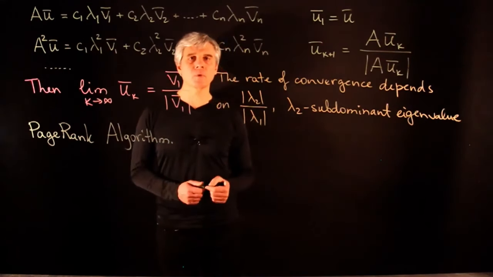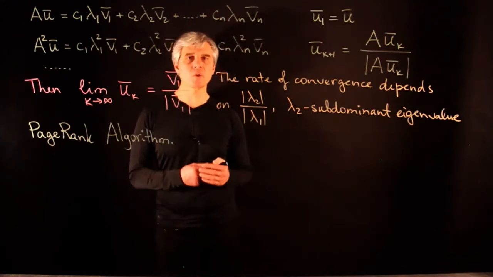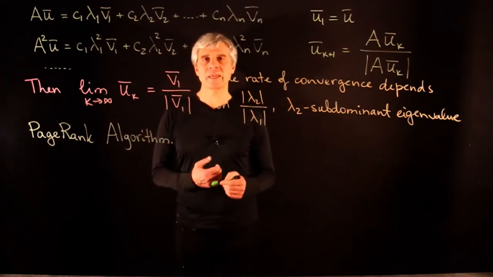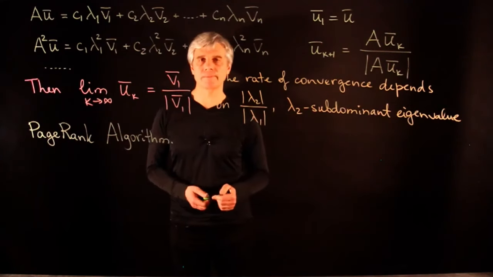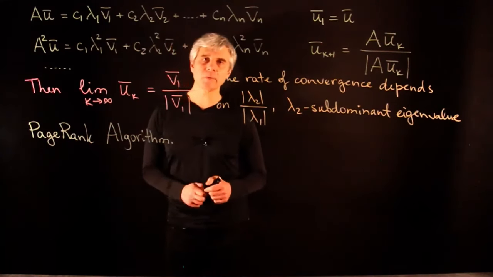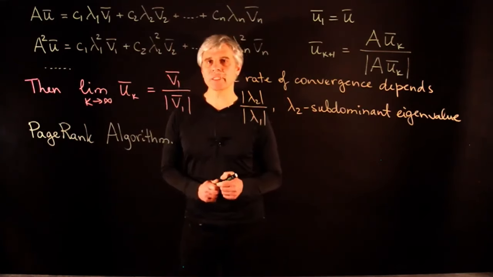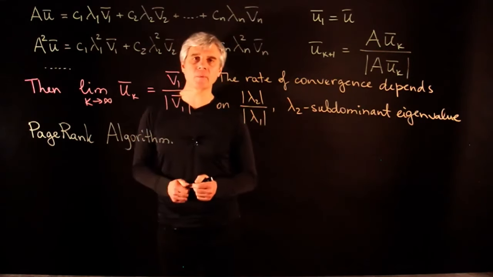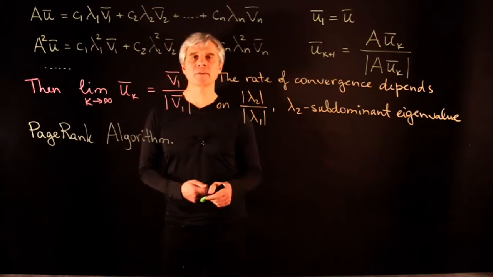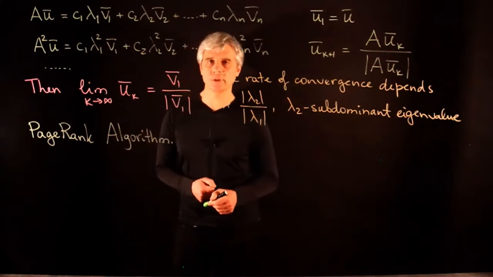If that surfer also gets to a web page that has no outgoing links, then again the web surfer will jump to a new web page at random. The PageRank of a given website is the probability that this random surfer will be on that particular web page at some specified point in the faraway future.